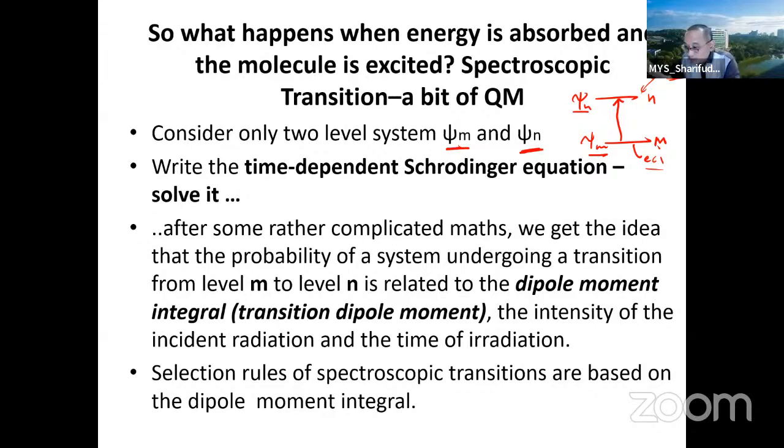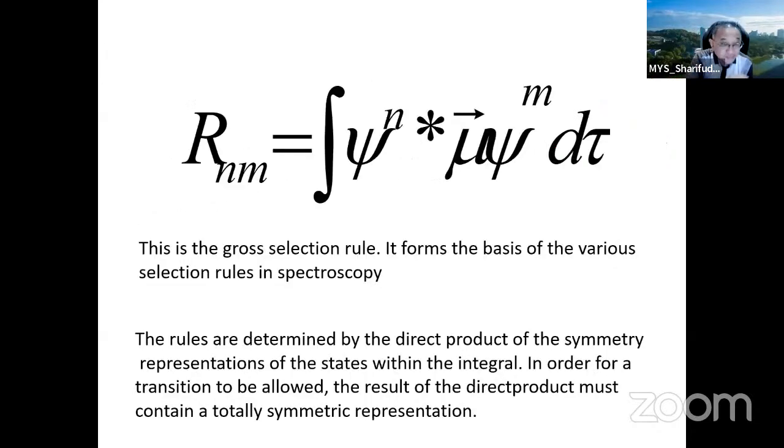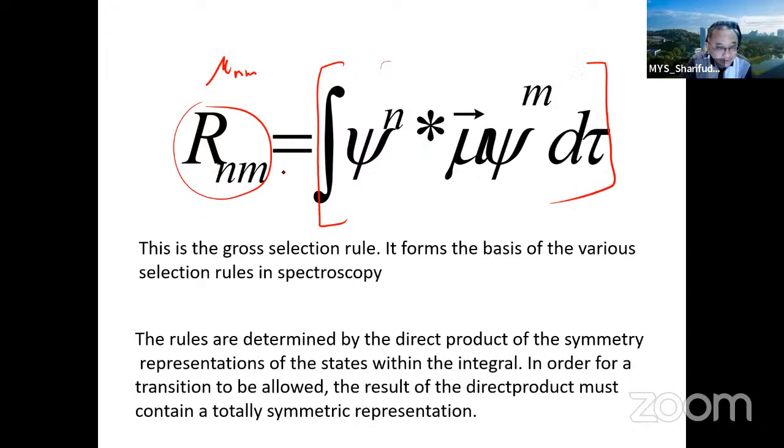Within the long mathematical function is this term, known as the transition dipole moment, R and M. In different books they use different symbols, for example mu and m, and a few other terms. But the transition integral is going to be the same.